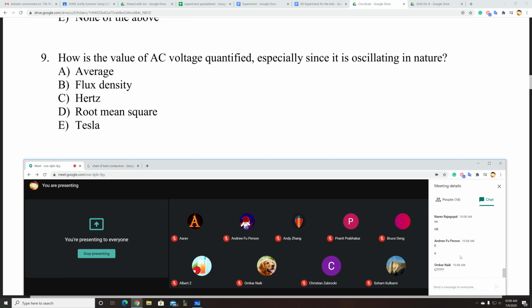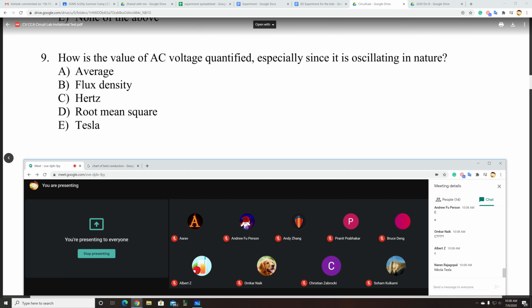Just use logical thinking. Circuits are very connected to modern electronics, so if you look at modern electronics, you can probably figure out most of this. And don't copy other people, guys. I don't like people like that. Copying other people is a bad thing.